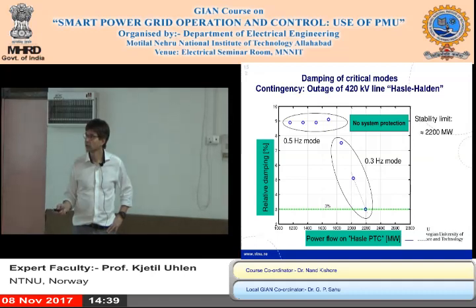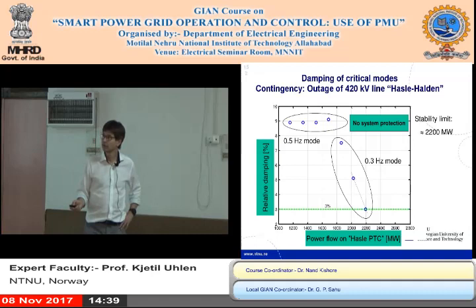And what we see is that the 0.5 hertz mode stays at approximately the same relative damping when we increase. But when we come to a certain point, the 0.3 hertz mode starts to drop in damping. And at some point it's critically damped.